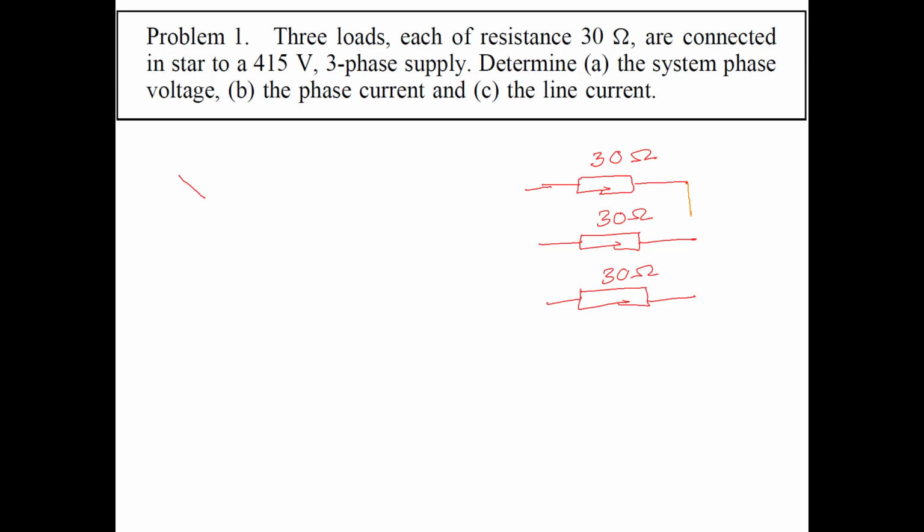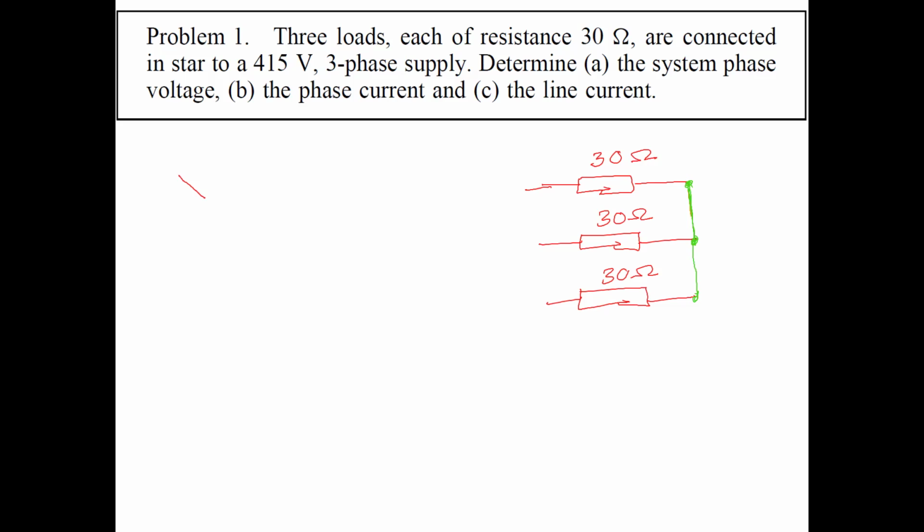This one will be connected here, and this terminal will also be connected here. So this is the physical connection. If you want to do it in the lab or in practice, that is how it looks. You have to make one of the terminals common.